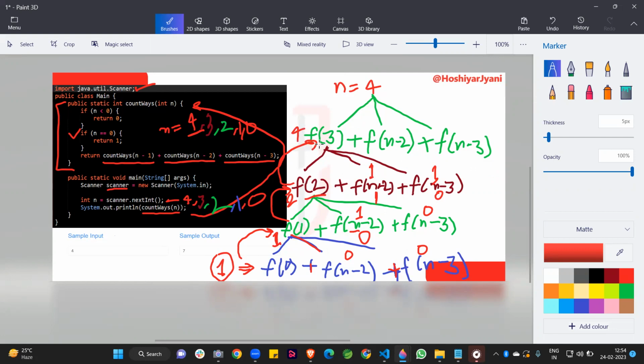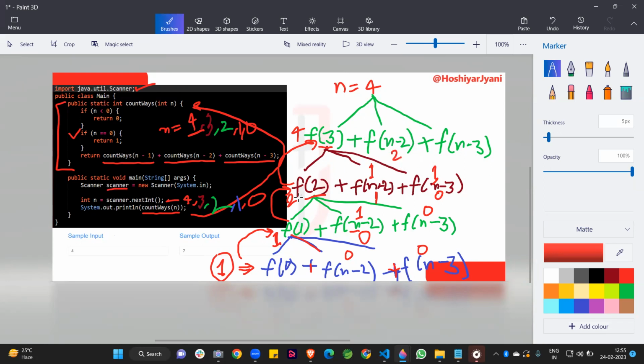After that, guys, this method is solved, and we now take the method f of n minus 2. So what is the n value here? We ask the parent. So the parent value is n is 4. So 4 minus 2, sorry, 4 minus 2 is 2. So this is f of 2, and you know very well, we already solved the value for f of 2.